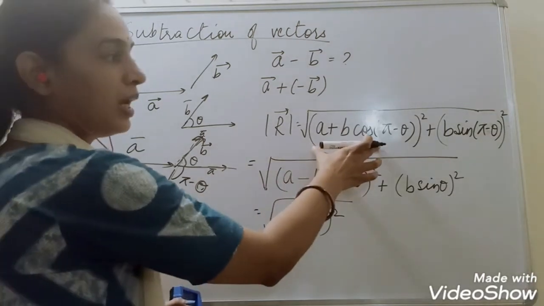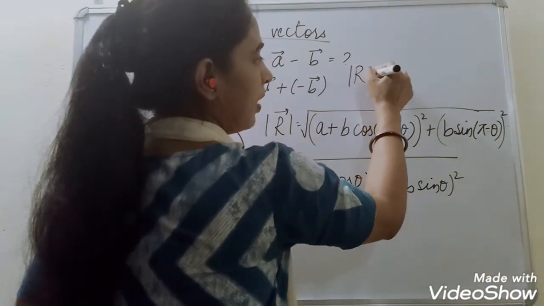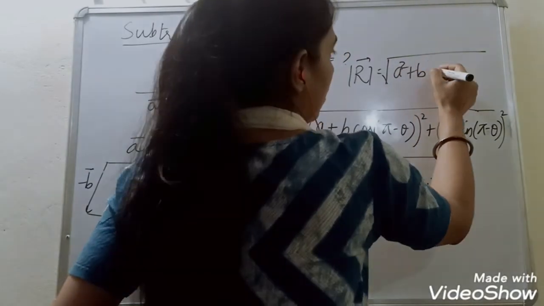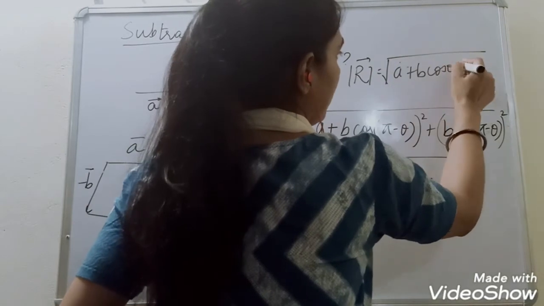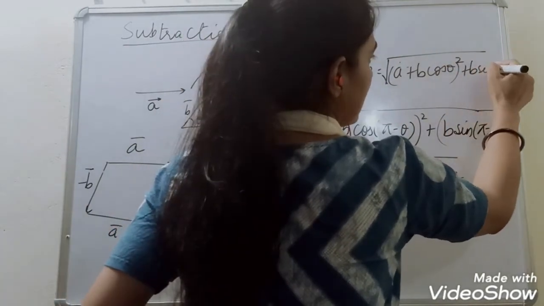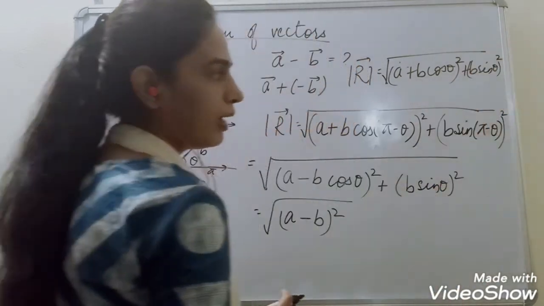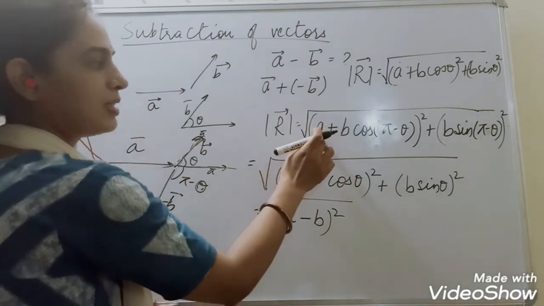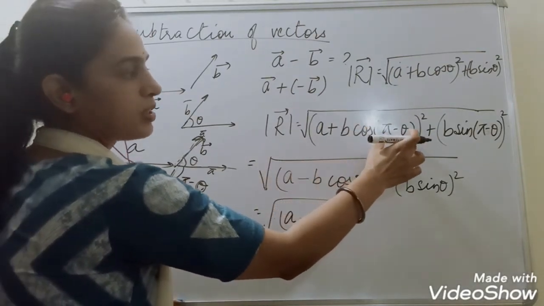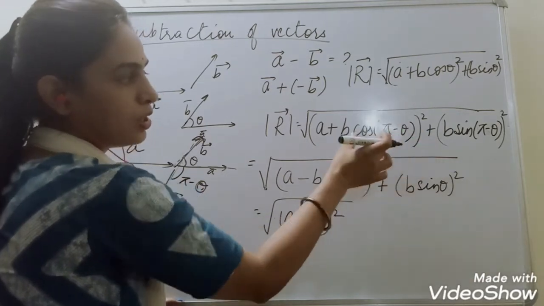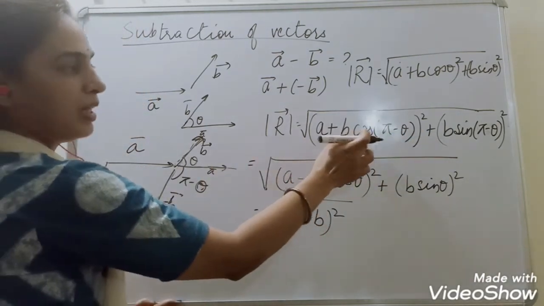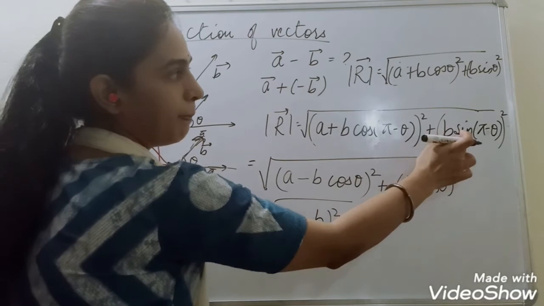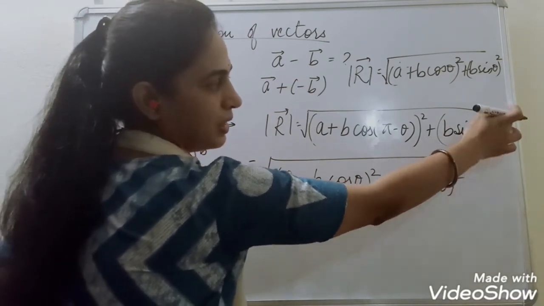So now we know the angle between vector A and minus B is pi minus theta. So simply put it in our formula. What is the formula of our resultant? Under root of A plus B cos theta whole square plus B sin theta whole square. A plus B cos theta can be written as A plus B cos pi minus theta, because the angle between A and minus B is pi minus theta, so A plus B cos pi minus theta whole square plus B sin pi minus theta whole square.